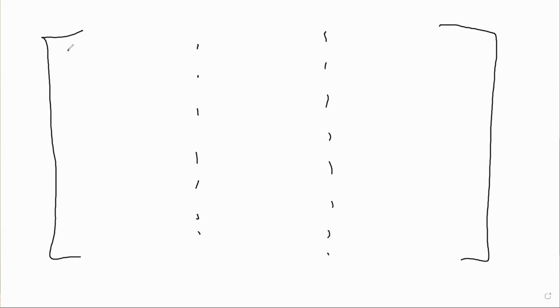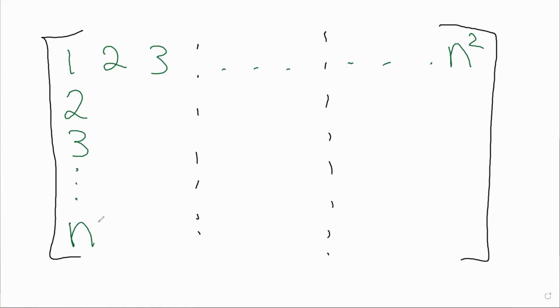Again, by our rules, we know each row and each block will contain the elements 1 through n squared. And by design, we know each column will contain n number of elements, like so. Okay.